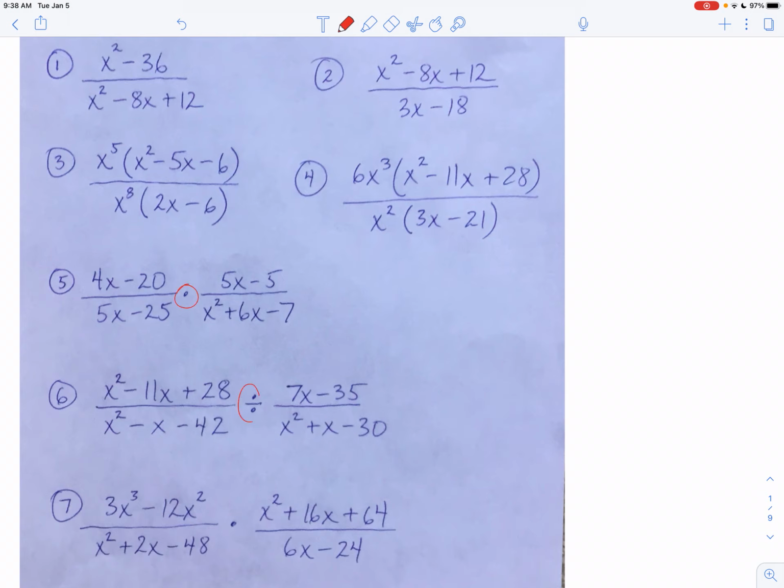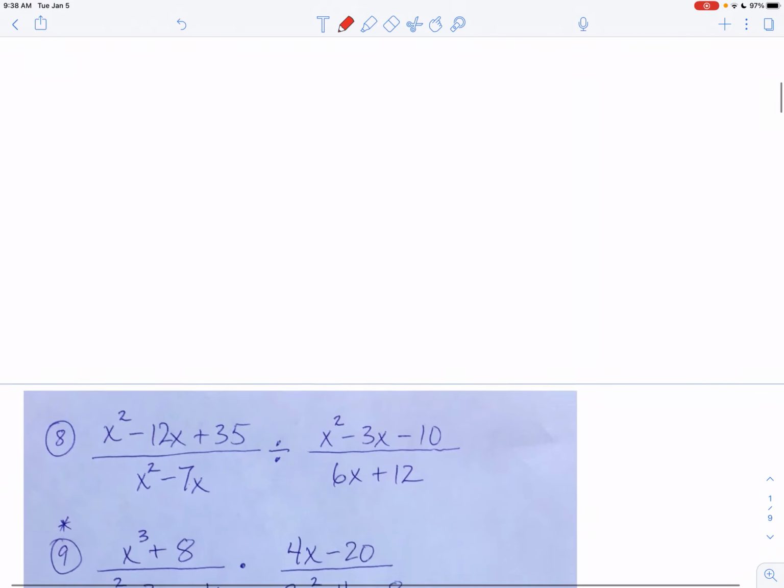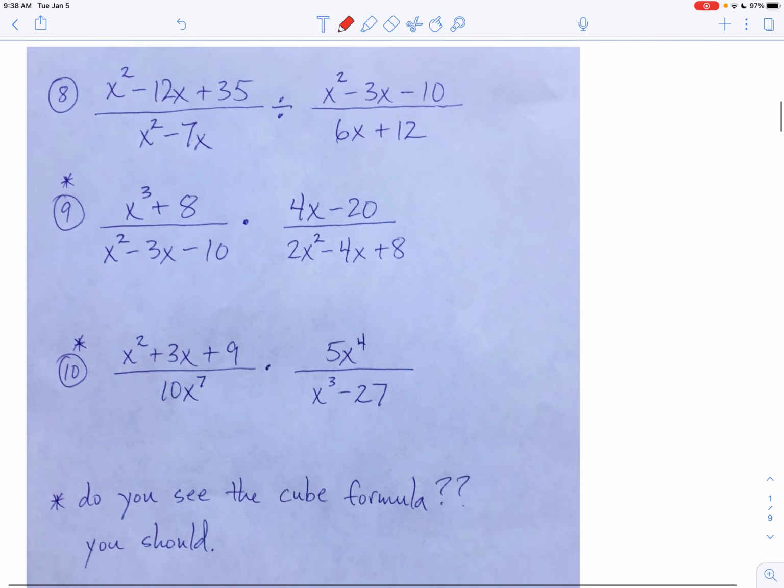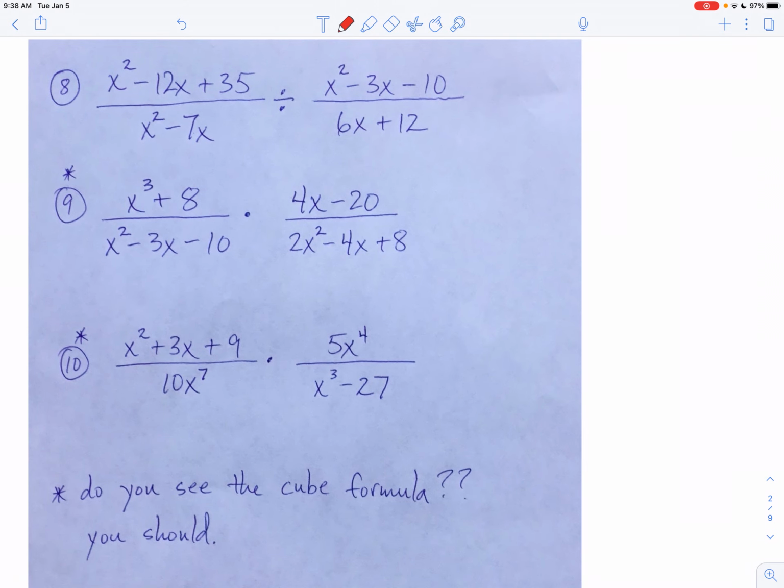What the heck? Well, let me show you. It's not something that's crazy. We know how to do this. So there's the first 7, here's the last 3, 8, 9, and 10. And I put a little mark here because I want to remind you, the cube formula is going to happen to you. And you want to know when it's about to happen to you.